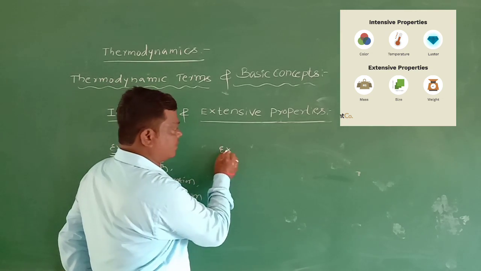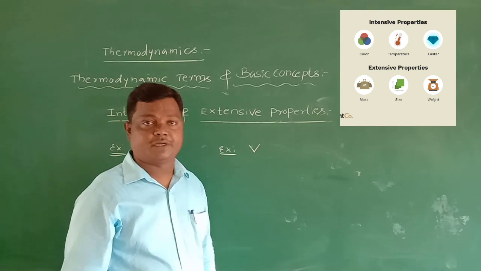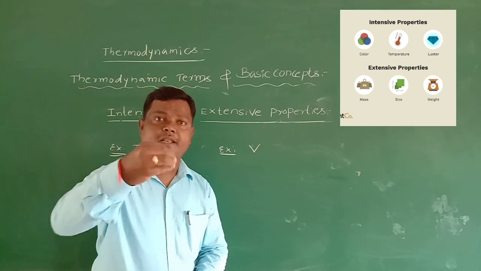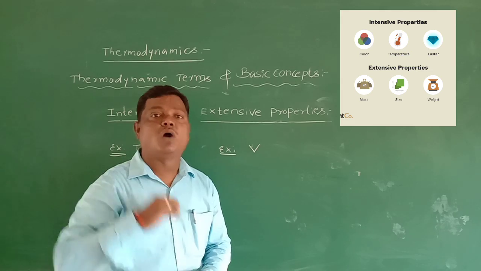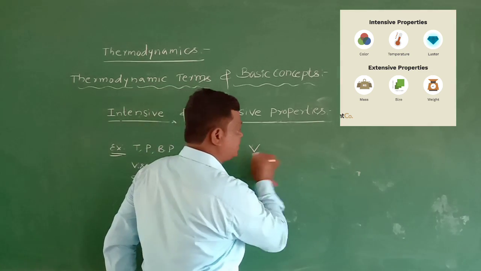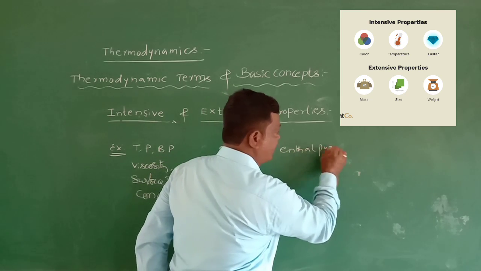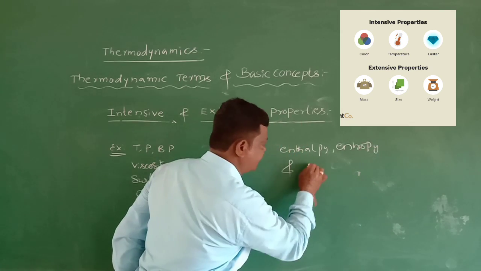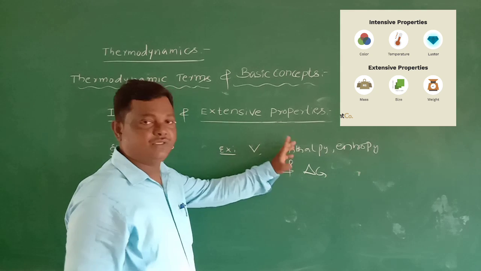For example, volume is an extensive property. 1 ml of water, 10 ml of water and 100 ml of water depend on the water quantity, that is, the matter. The next examples are enthalpy, entropy, and Gibbs free energy, delta G. These are the best examples of extensive properties.